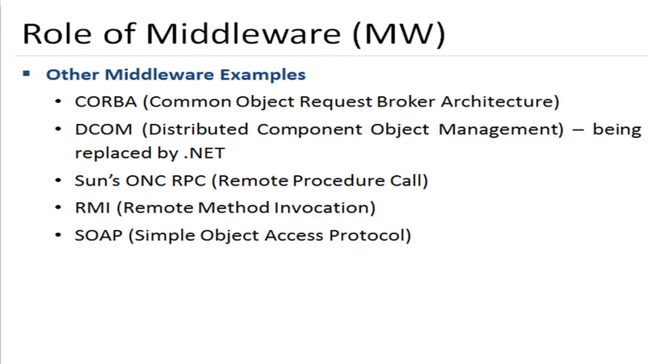Some of the examples of middleware are CORBA, Common Object Request Broker Architecture, DCOM, Distributed Component Object Model, Sun's ONC RPC Remote Procedure Call, RMI Remote Method Invocation, and Simple Object Access Protocol.